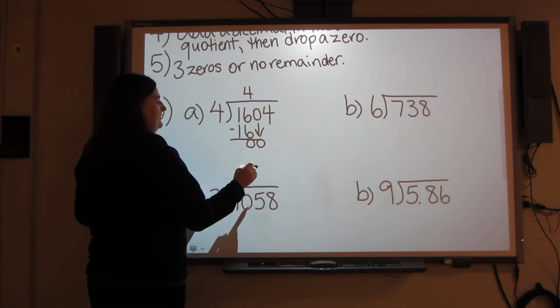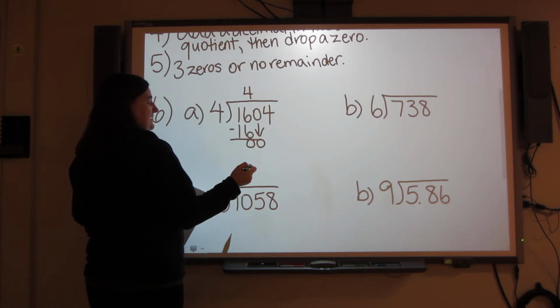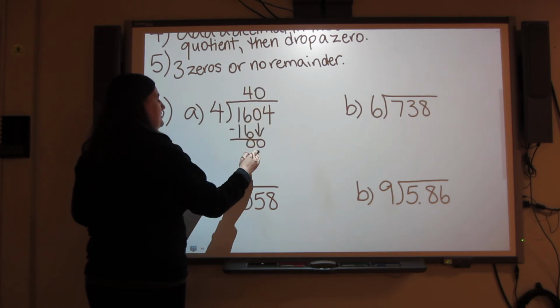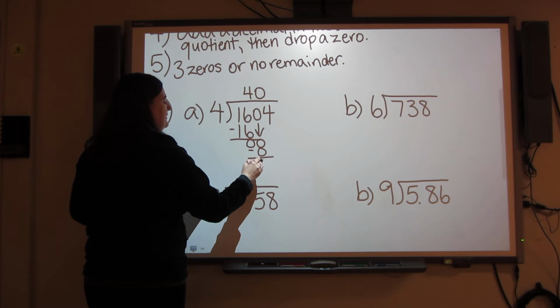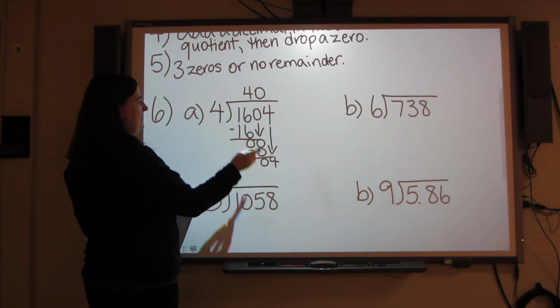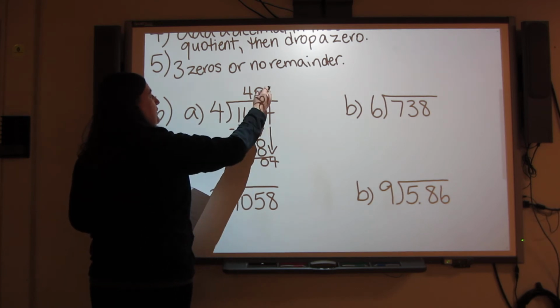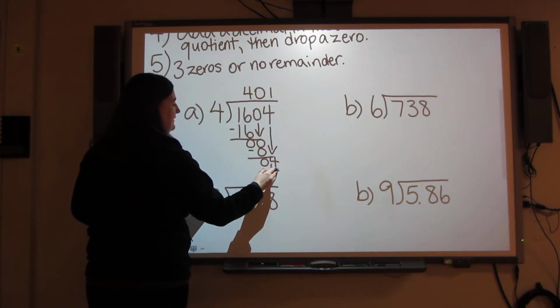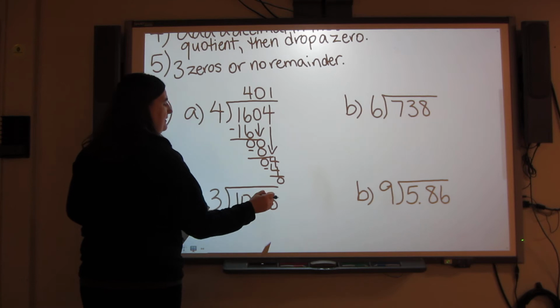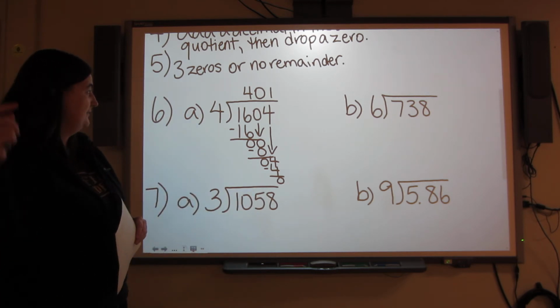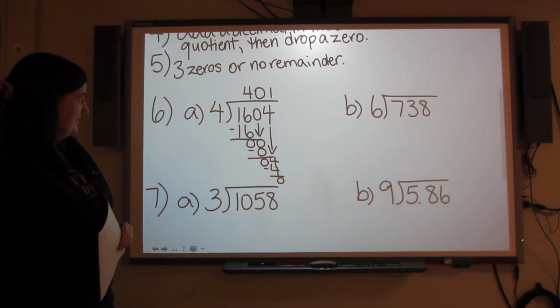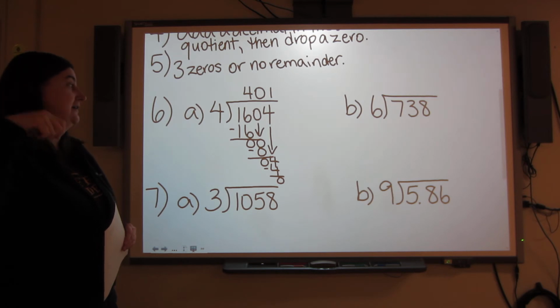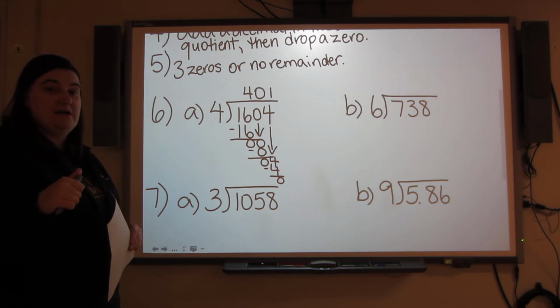Drop your 0. 4 goes into 0 times. Drop your 4. I did not leave myself enough room. 4 goes into 4 1 time. All right, and no remainder. So 4 goes into 1,604 401 times.